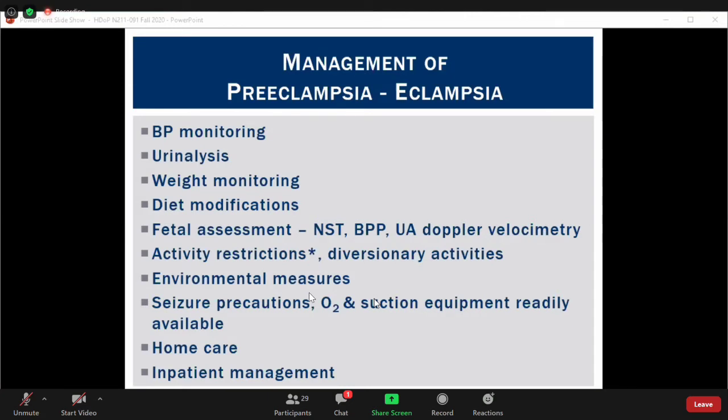Stay on top of the urinalysis. Now, what in the urinalysis do we need to monitor? When I say monitor urinalysis, what am I talking about? Other than the output. Protein, presence of protein. Protein and what else?